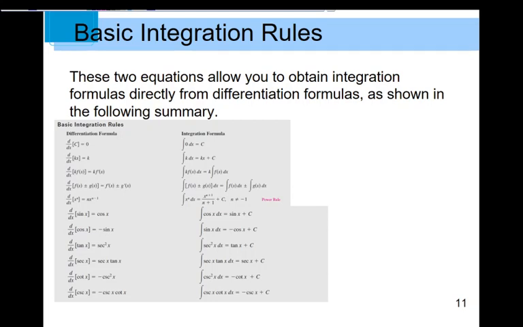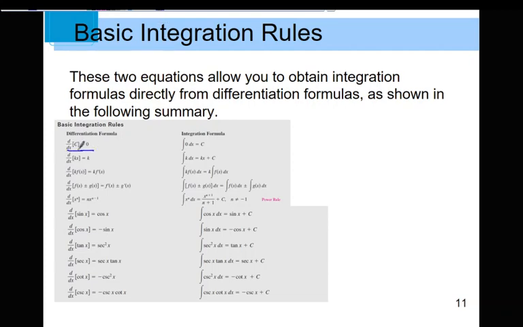On this side, you can see this is a constant. When you take the derivative of a constant, you get 0. When you integrate 0, you get a constant, because they are inverses. This is the power rule that we learned. This is what we call the anti-power rule.